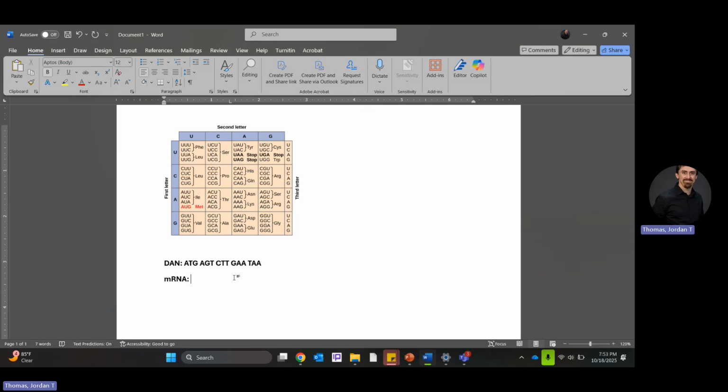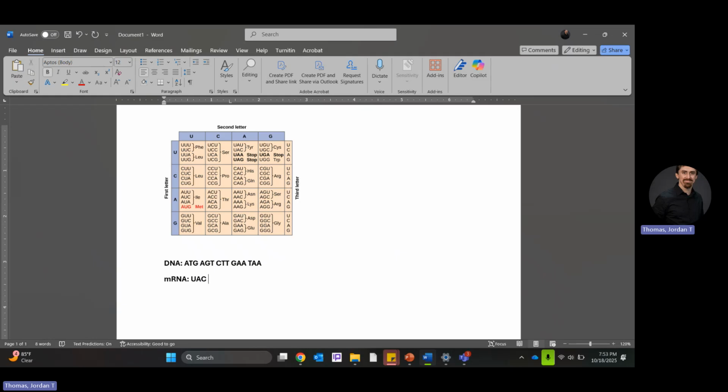So we start with A. So we go letter by letter from DNA. We start with A, and our mRNA, we start with U, T goes to A, C goes to G.